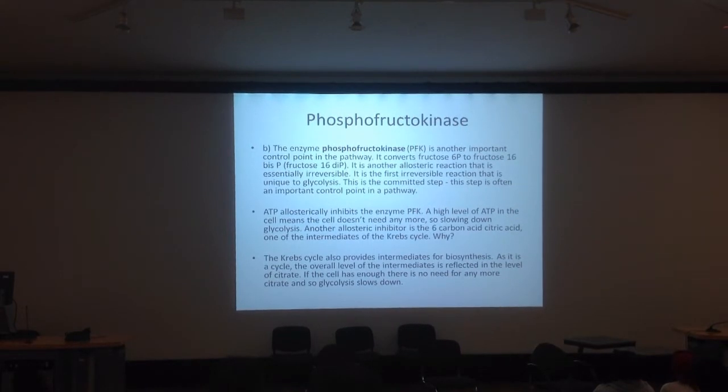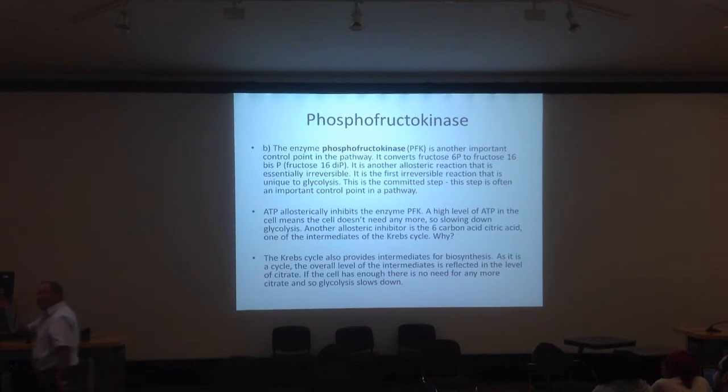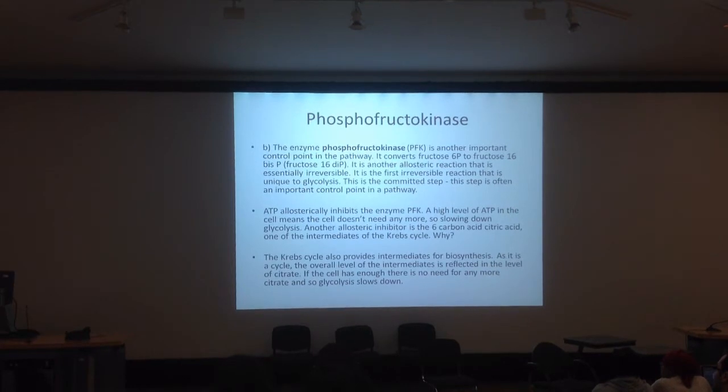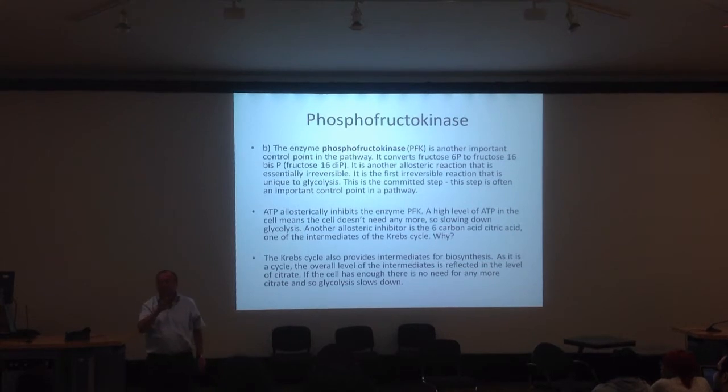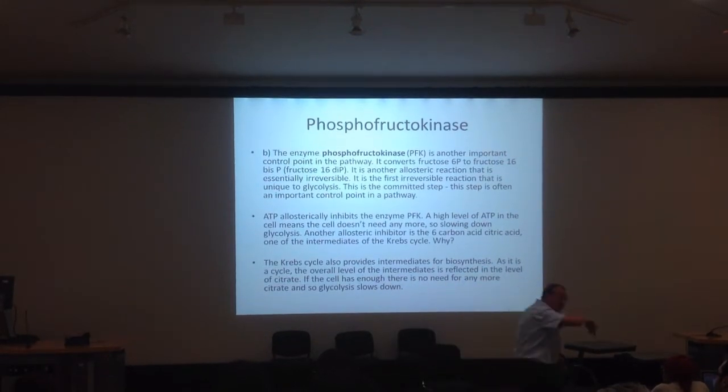The question is, how and why does the level of citric acid over here in the Krebs cycle, in the mitochondria, affect the activity of the phosphofructokinase over here in glycolysis, out in the cytoplasm?